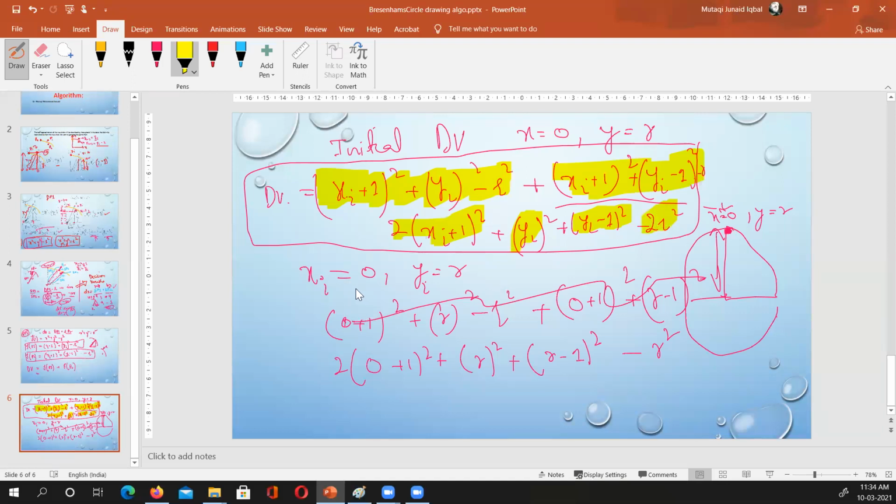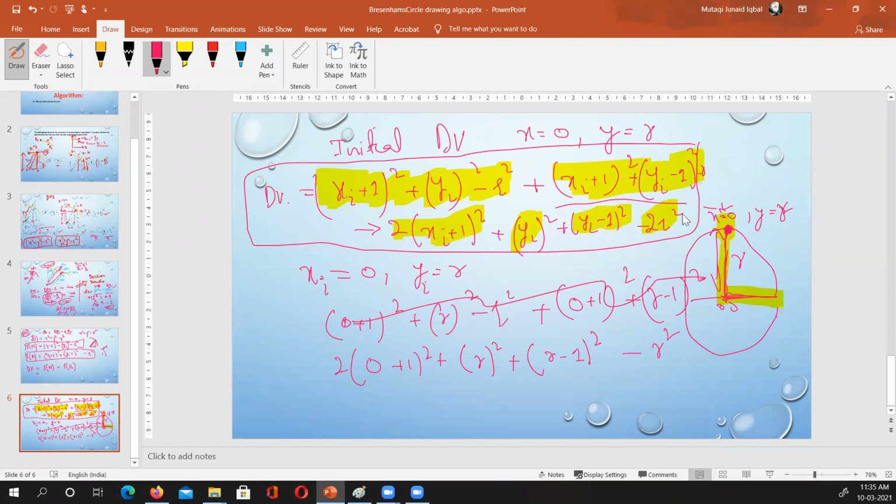So if I want to find the initial decision variable, where my x value will be 0 and y value is r, we know that when we have a circle, as I drew here, at this point x is 0 and y is full, that is the radius. So I will substitute x is 0, y is radius into this formula.